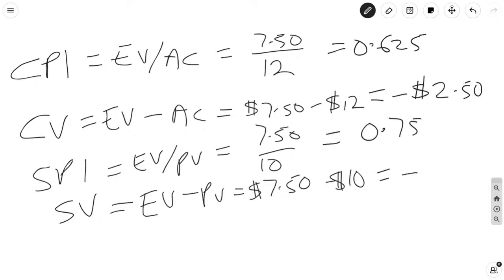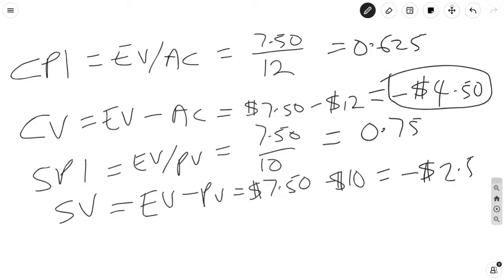And for this one, oh, I beg your pardon, negative 4.50 for the top. There had to have been something wrong. That's a negative 4.50, and negative 2.50. Hopefully those numbers stack up. I didn't use a calculator. 7.5 minus 12, yes, that's a negative 4.50.